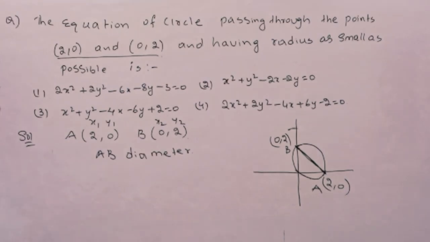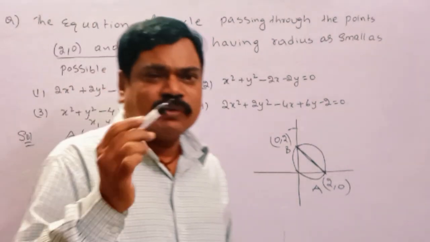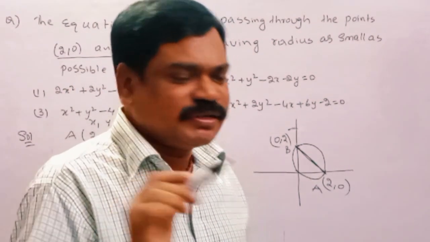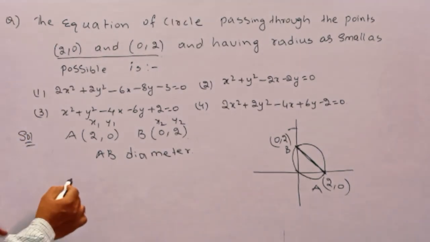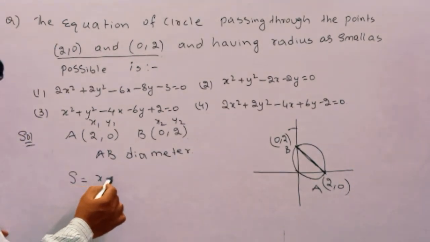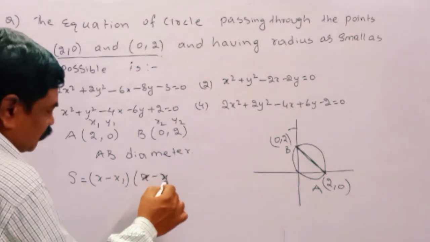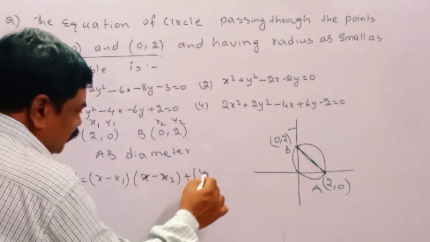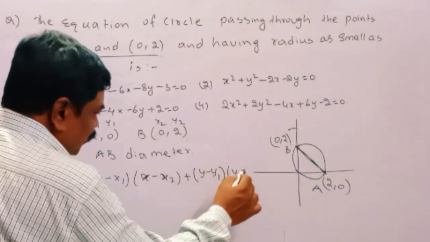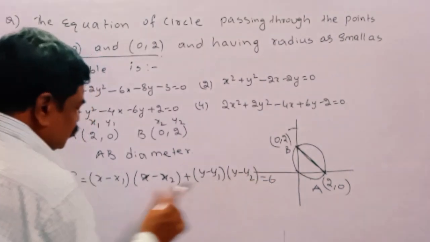Then what is the circle equation if two extremities of the diameter are given? That is S equal to x minus x1 into x minus x2 plus y minus y1 into y minus y2 equal to 0.